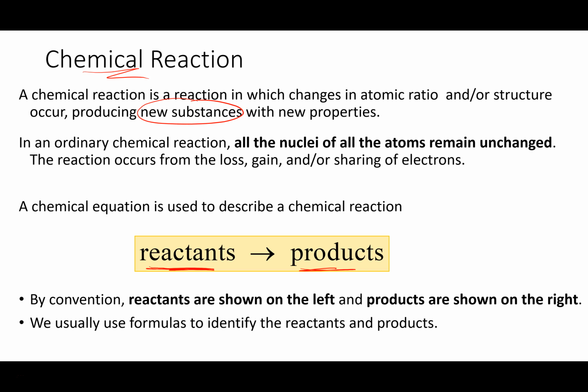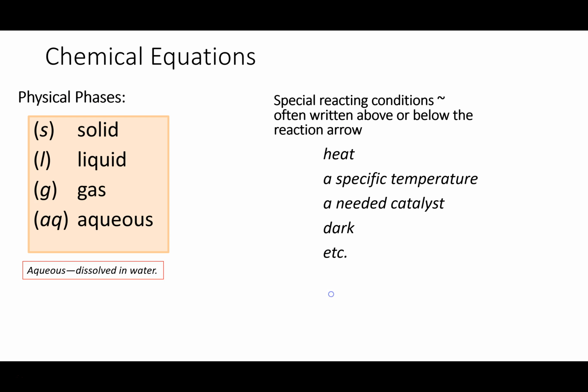Notice that during the chemical reactions we deal with, all nuclei of the atoms remain unchanged, which means you have the same atoms of each type of element that you start with and end with. It's the same. So know these: an S stands for solid in chemical equations, an L liquid, G gas, and AQ means aqueous.